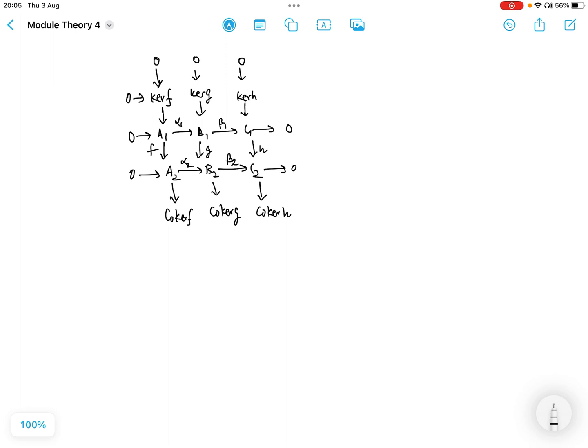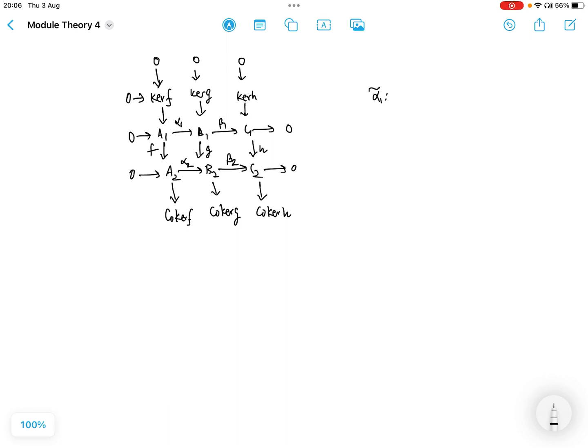Okay. So now observe one thing first. You can consider the map alpha 1 from the kernel of F. You can restrict the domain of that map alpha 1 to the kernel of F. That you can do. So then I can indicate it by alpha 1 tilde.